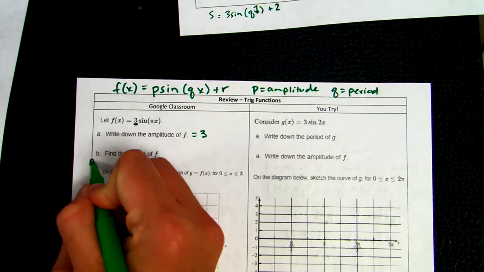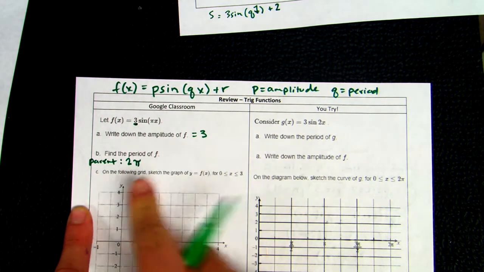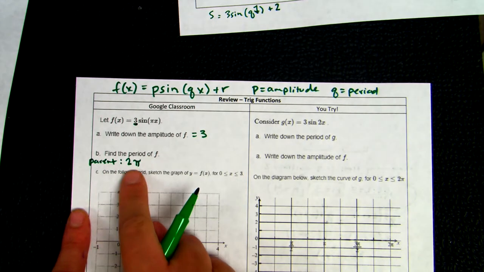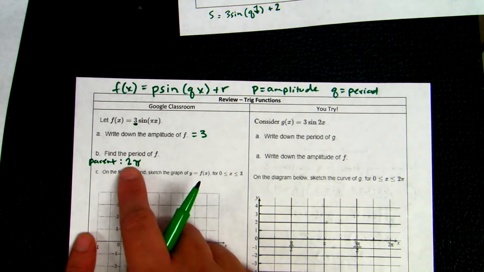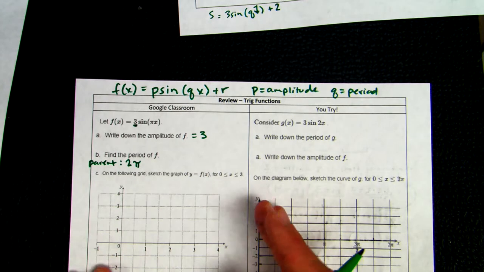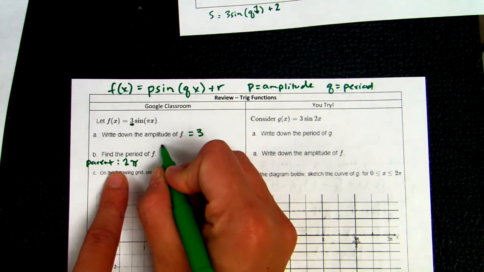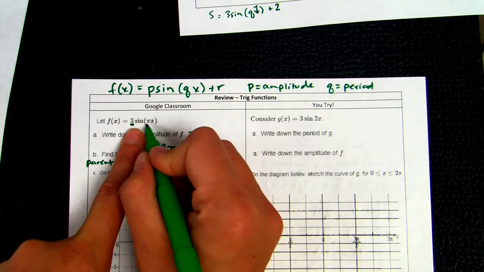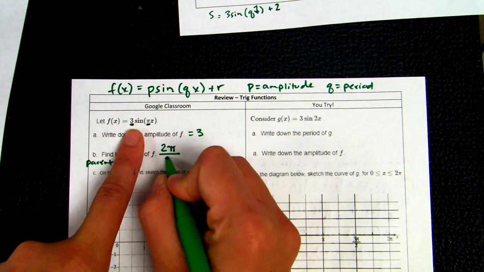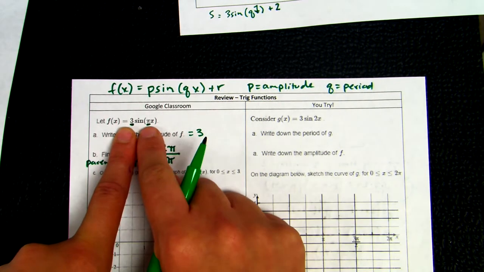The period of the parent function is 2 pi. It repeats every 2 pi units. So we can take the period of the parent function, 2 pi, and divide it by our q value. That gives us the transformed period of our new function.